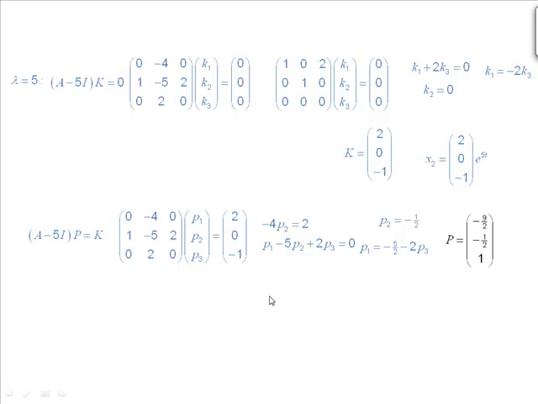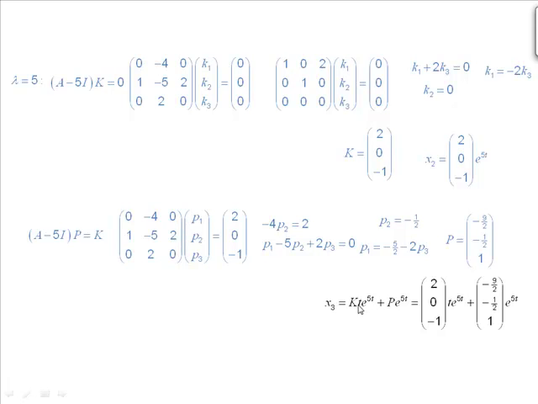Okay, so the second solution is of the form k times t e to the 5t plus p times e to the 5t. Notice that multiplication of t times the power of e is similar to what we saw in solving higher order differential equations with constant coefficients.